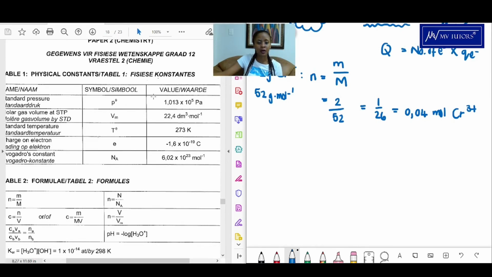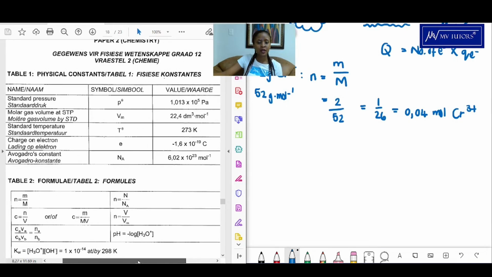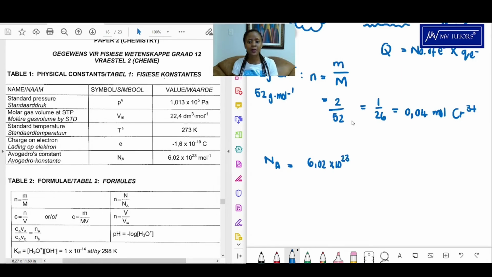So this is Avogadro's constant. Let me just shift this side. Avogadro's constant, basically, is 6.02 times 10 to the power 23 particles per mole.